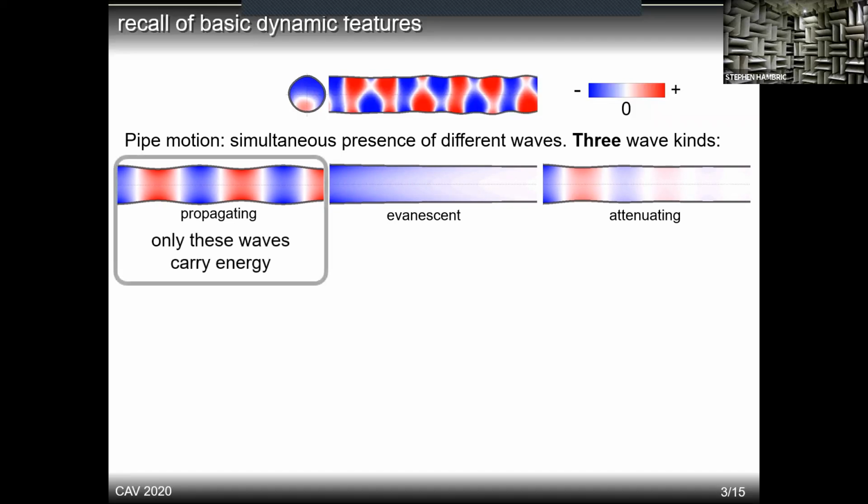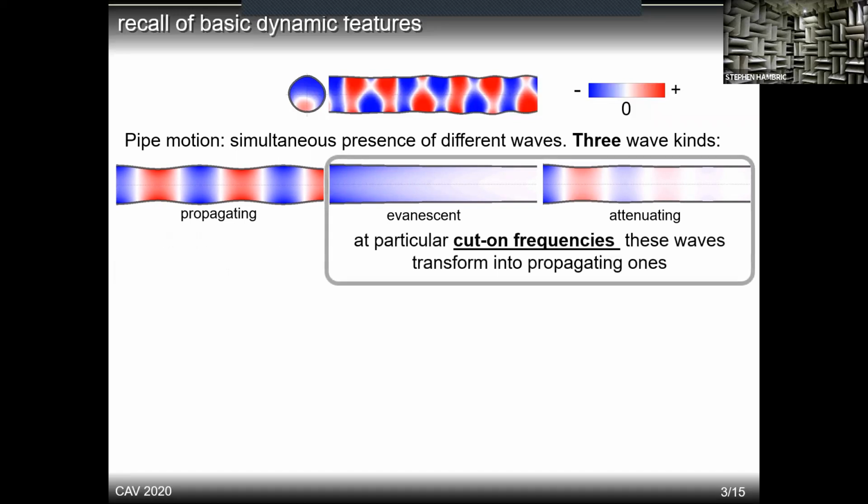Only the propagating waves carry energy. However, the evanescent or attenuating waves will, at a particular frequency called cut-on frequency, transform into a propagating wave. So the notion of propagating or idle depends on frequency.